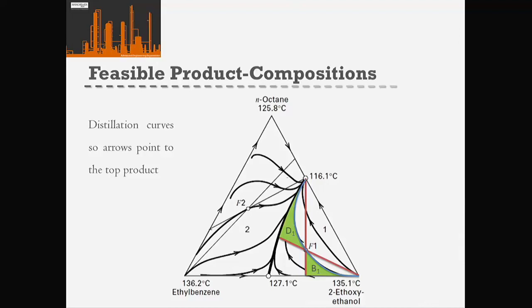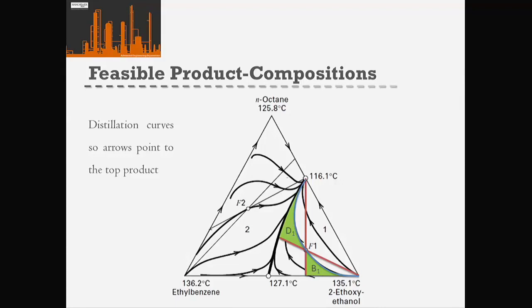But in this case, because we've got this distillation boundary, our extreme bottom product line stopped at that distillation boundary, because all our residue curves curl around this boundary. If we go past this boundary, we wouldn't be on the same residue curve.